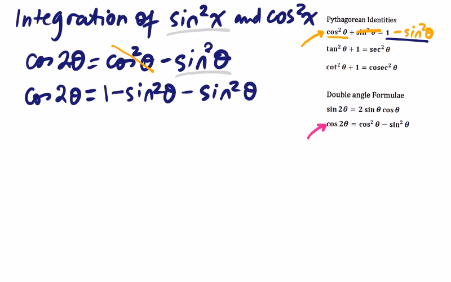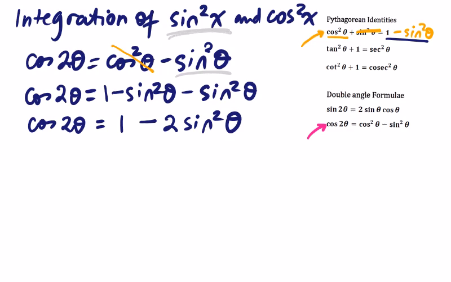And then we simplify the right hand side of this equation: 1 minus 2 lots of sine squared theta. Our focus still is to isolate sine squared. Because it's a negative term, I preferred to add 2 sine squared to both sides.